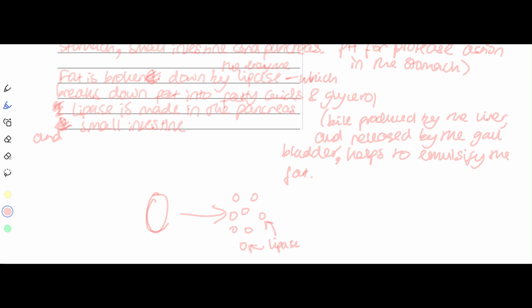Okay, because essentially you've got a larger surface area. There are more molecules of fat exposed, rather than tackling this big molecule of fat. So it's easier. This is the process of emulsification. So that is why it's important to mention emulsification in the answer.